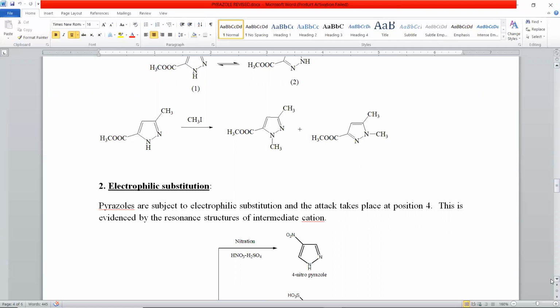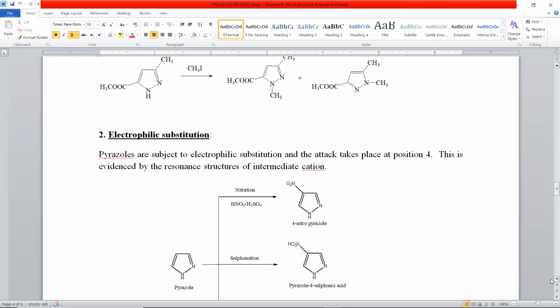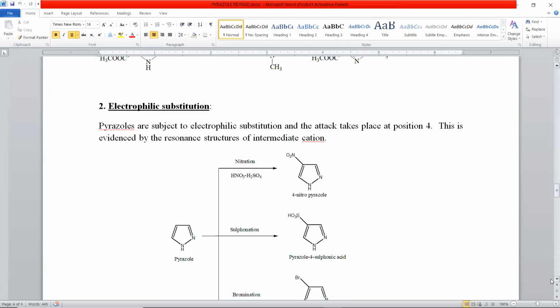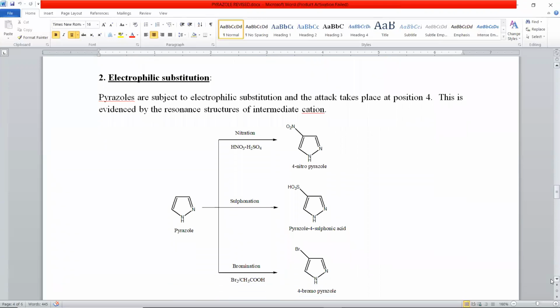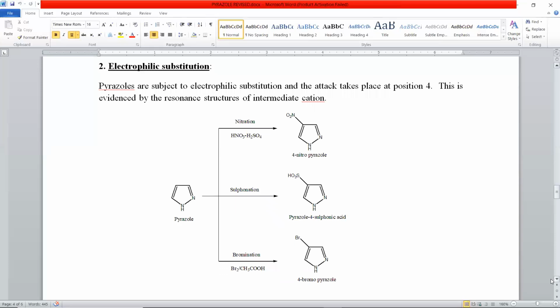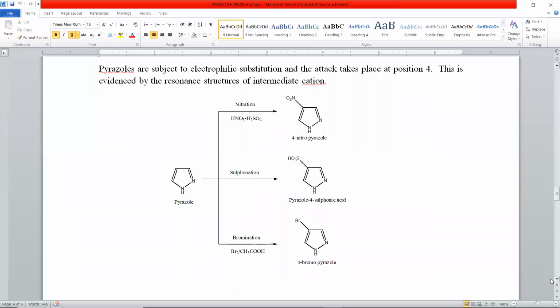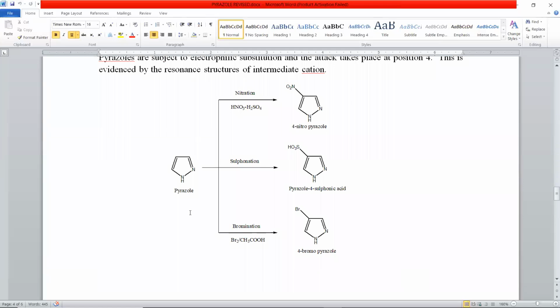Next, electrophilic substitution. So pyrazoles are subjected to electrophilic substitution and the attack usually occurs at position 4. The evidence for this is the resonance structures of intermediate cation. So let us see. These are some reactions of pyrazole.